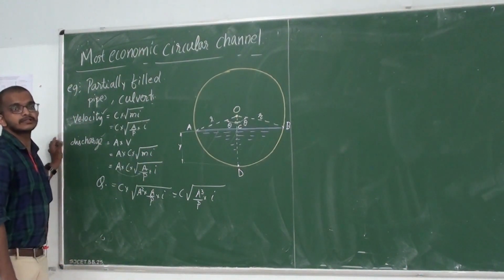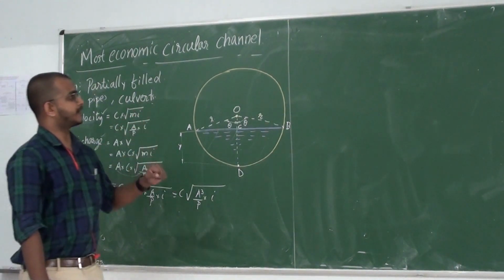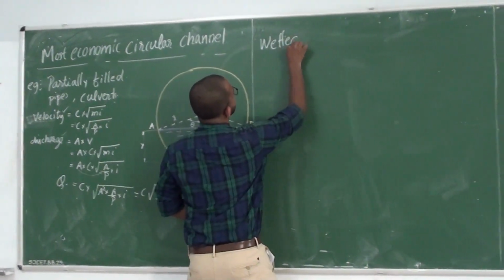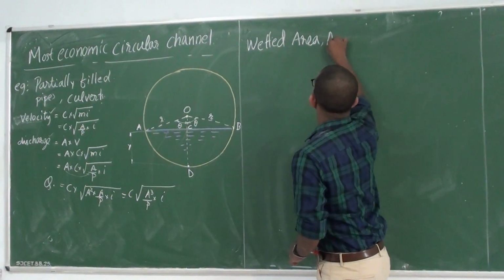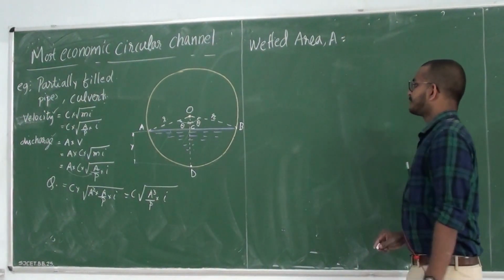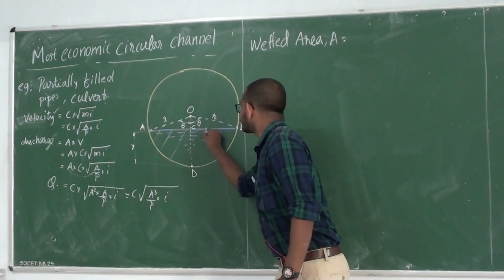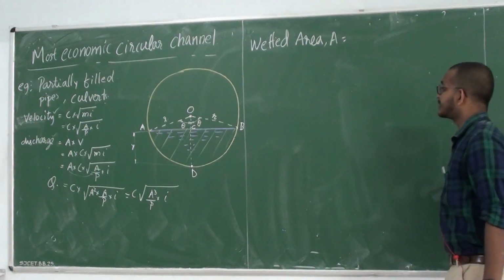Now, let us find out the wetted area and the wetted perimeter. First, the wetted area A. We have to find out this flow area, the wetted area.